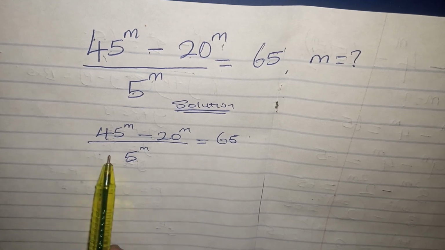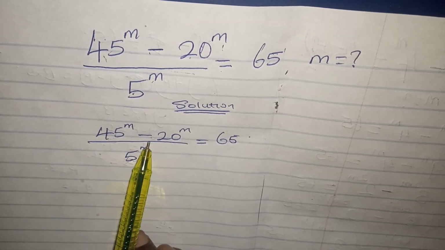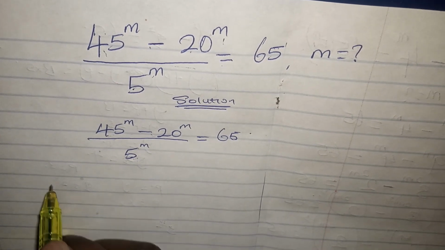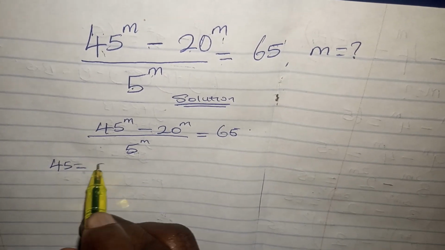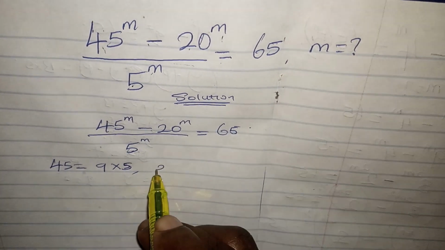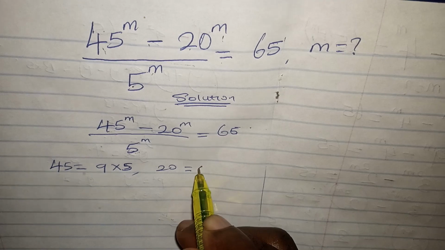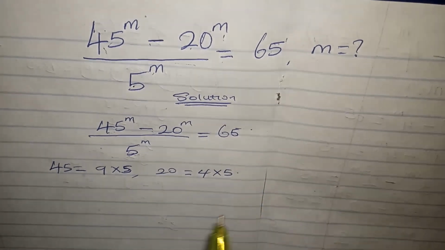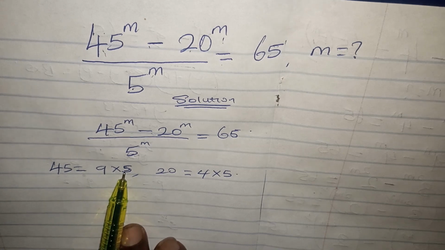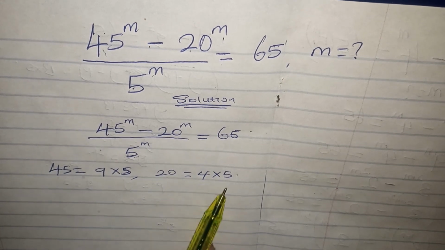Having this, we can break 45 down and we can break 20 down. 45 is equal to 9 times 5, and 20 is equal to 4 times 5. So in place of 45 we put 9 times 5, and in place of 20 we put 4 times 5.